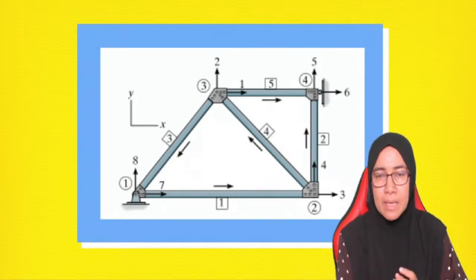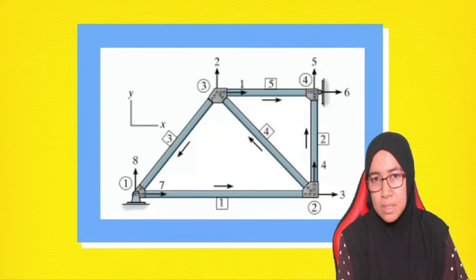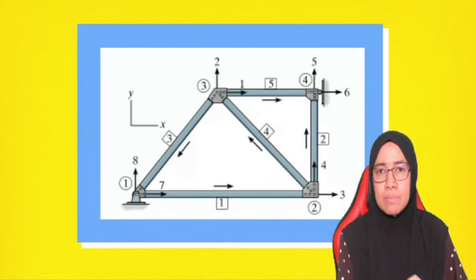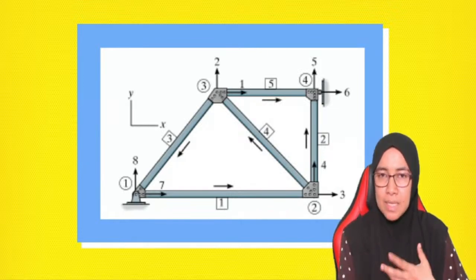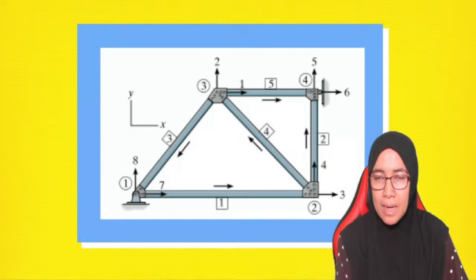Okay, so looking at this diagram, there are 4 nodes: node number 1, node number 2, node number 3, and node number 4. When we have a truss question, if the node number is given, then we have to follow that label.